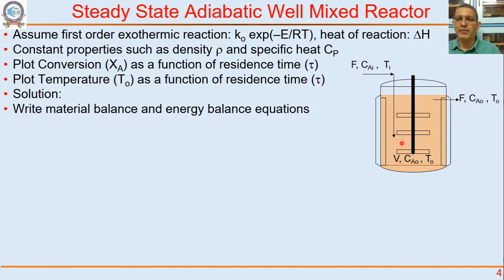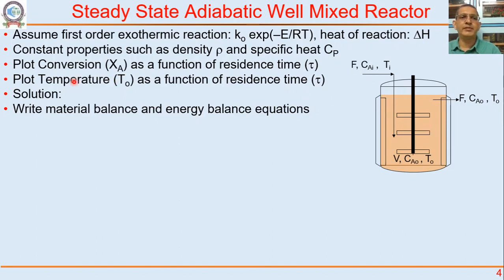Because it is well mixed, concentration everywhere inside is CA0, temperature everywhere inside is T0. And remember, this is an exothermic reaction, therefore T0 will be higher than Ti. Heat is generated by way of reaction. The whole reaction mass will get heated up to a higher temperature, and that temperature is constant because it is a well mixed reactor.